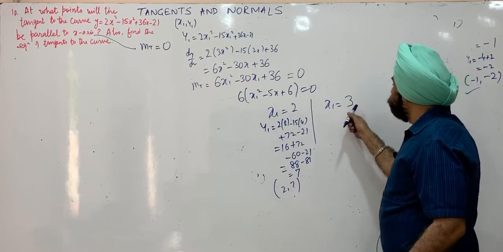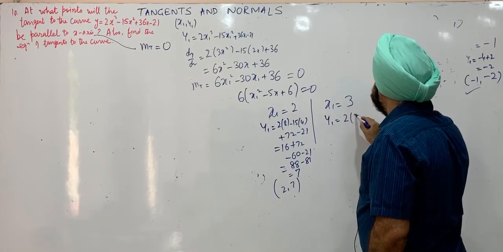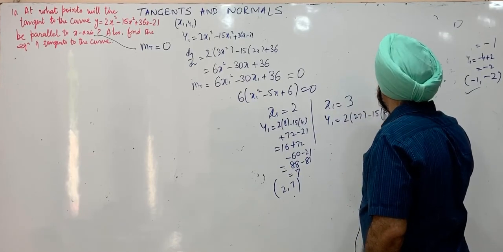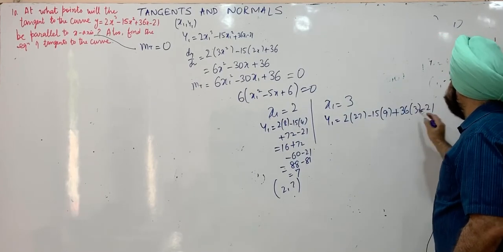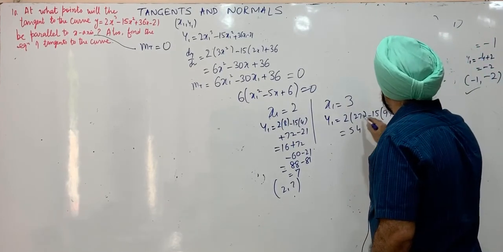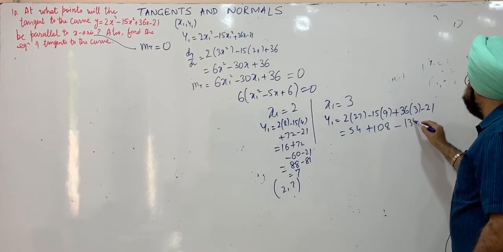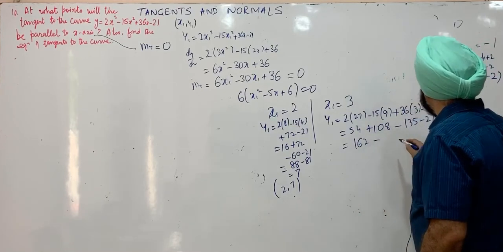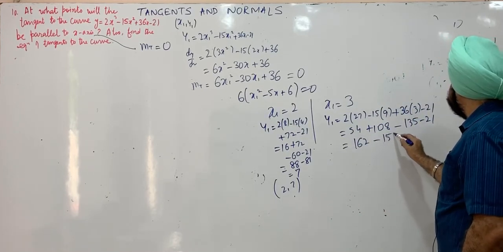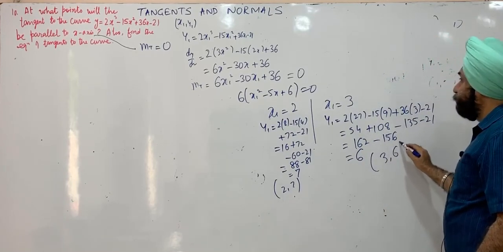And when x1 is 3, y1 will be 2 into 27 minus 15 into 9 plus 36 into 3 minus 21. This is 54 minus 135 plus 108 minus 21. This is 162 minus 156, this is 6. So the point is (3, 6).